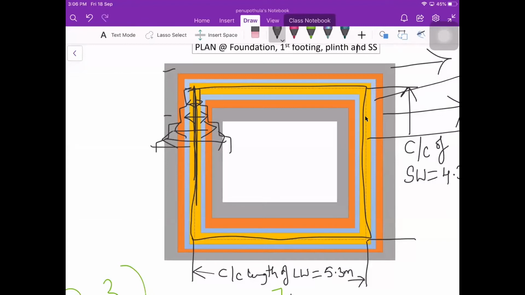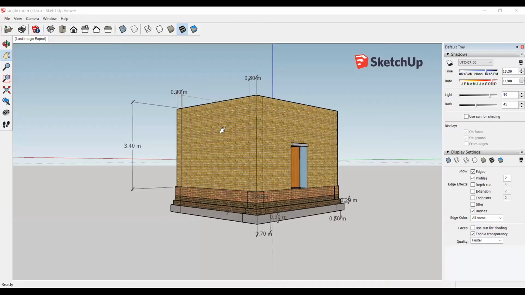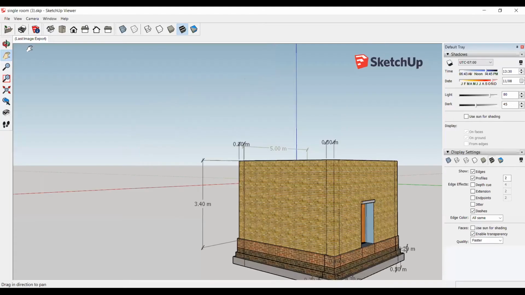And this is the cross section which I am showing. Okay. So now I will show you the three-dimensional view. Then also you can go with the imagination, because every time it is not possible to go for three-dimensional view. I think, you can see this.